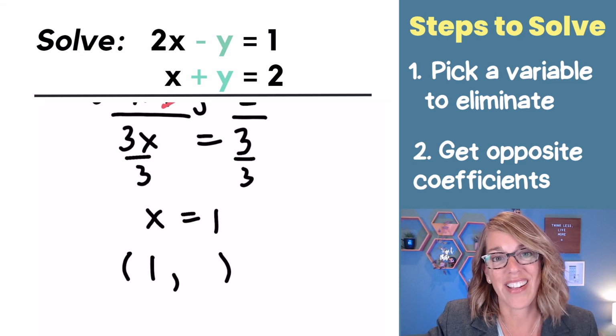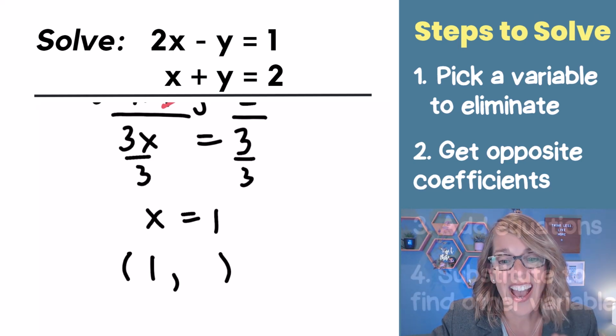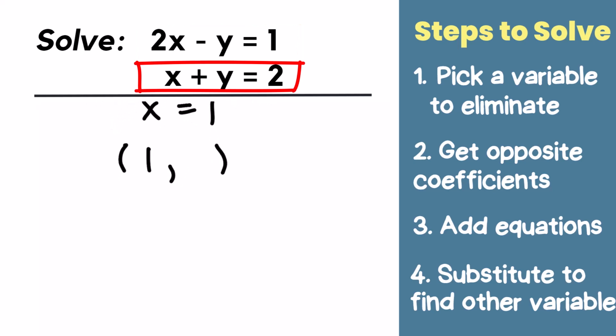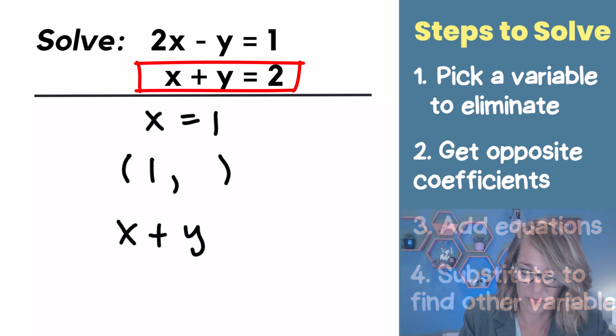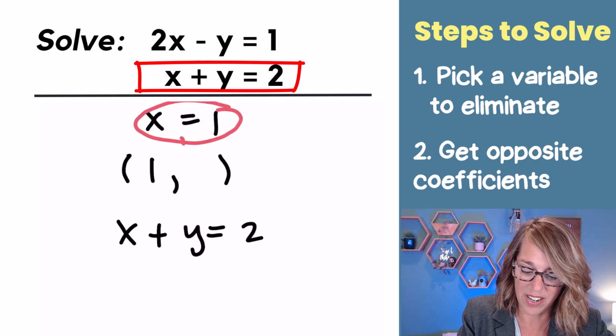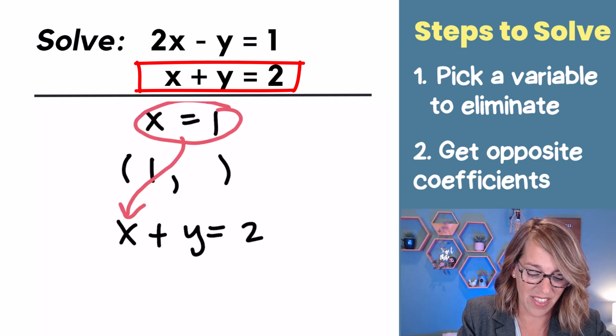So this is where our next step comes in, and that is to substitute to find the other variable. Now you can substitute into either of these equations. It really doesn't matter which one you pick. I'm going to go ahead and pick that second one because it just seems a little bit easier. So I'm going to take that x plus y is equal to 2, and I'm going to take my x equals 1, and plug it in there.